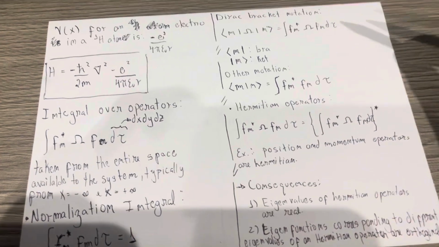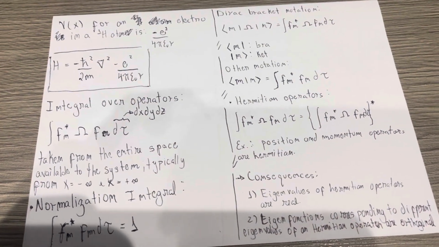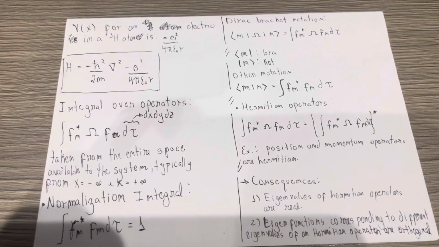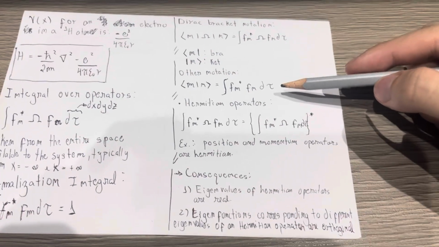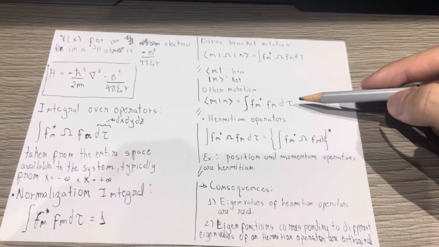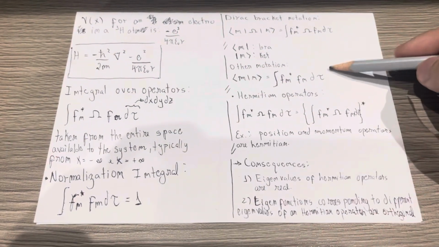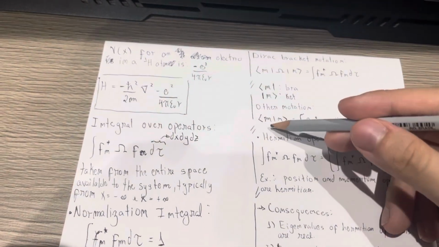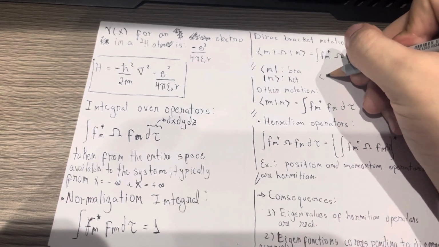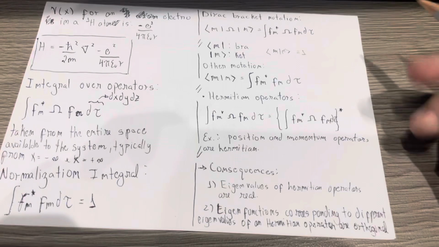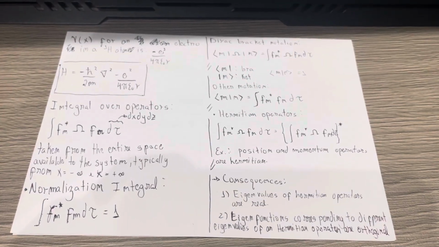So if we put those two together, we get a bracket. It's very smart. So this is another notation for the normalization integral. We don't have to write this thing here. We can just bracket, and this equals 1, and this is a normalization integral. Very simple notation.